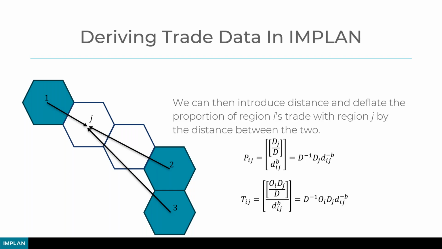But in this case, if regions 1, 2, and 3 all produce the same amount of a commodity, region 1 will ship the most to region J, followed by regions 2 and 3 respectively, because the distance between them is different. The degree to which they're different is dependent on their distance and b. Because it's an exponential effect, the further away a region is, the more of a deterrence you see.